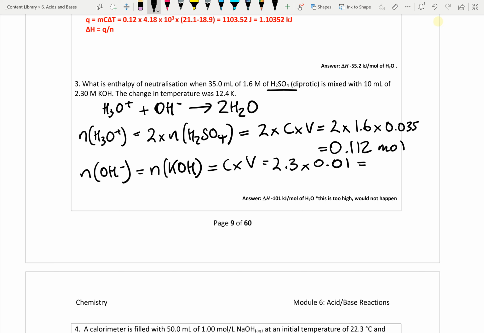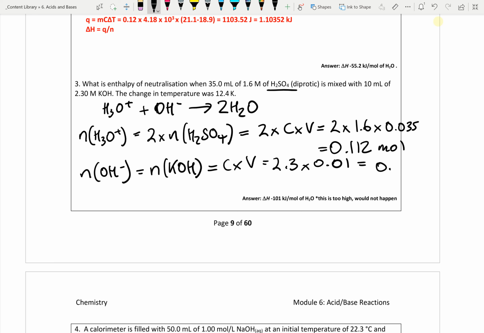And then for the next one, I should be able to figure that out. I'm pretty sure I just moved it down 2 decimal places, but just double checking. 2.3 times 0.01.